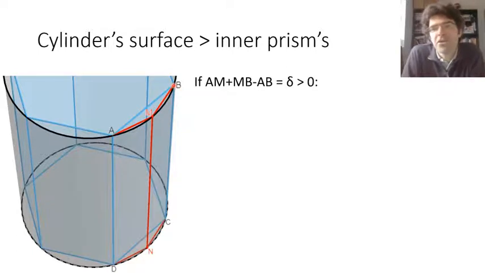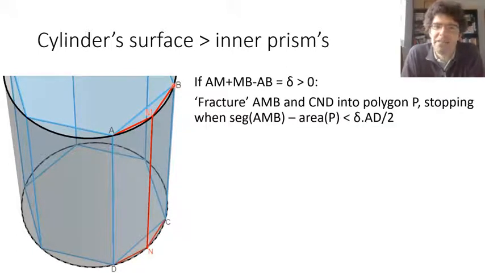Then what we can do is keep fracturing, if you like, the path AB, so replacing each part to go via the midpoint of the arc, until all the little segments that are left over at the ends get as small as you like.